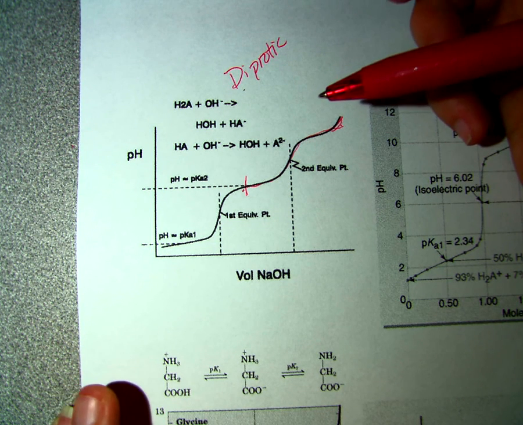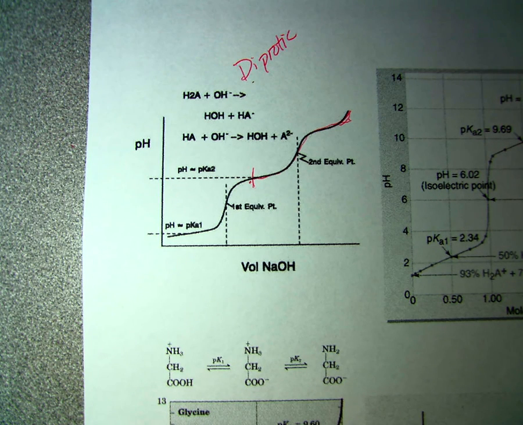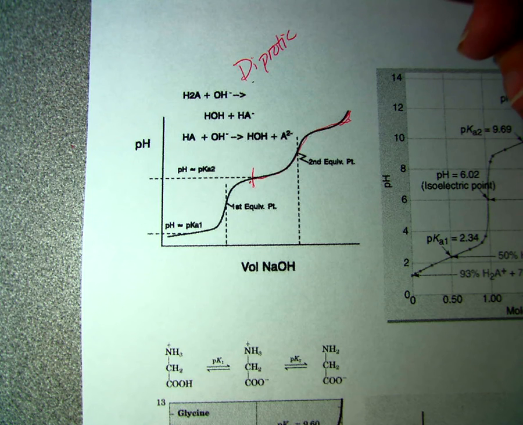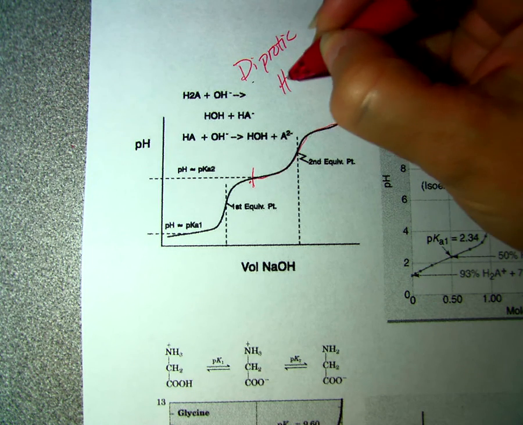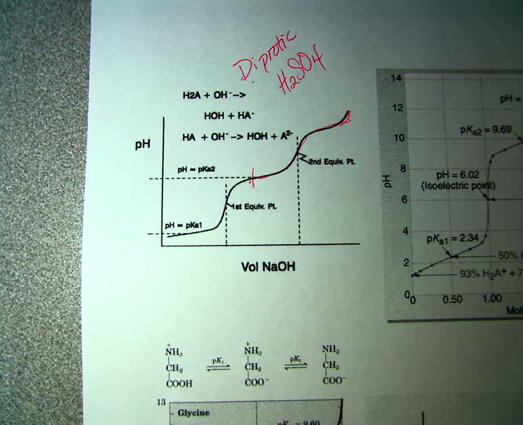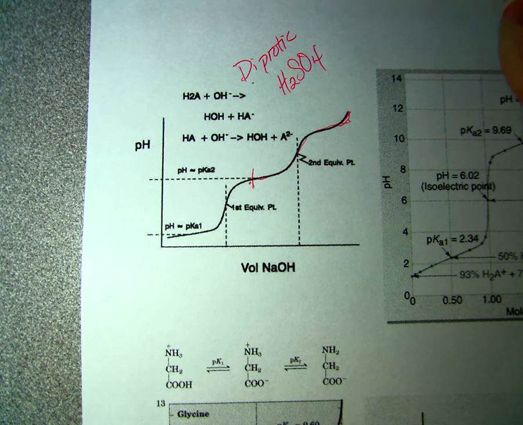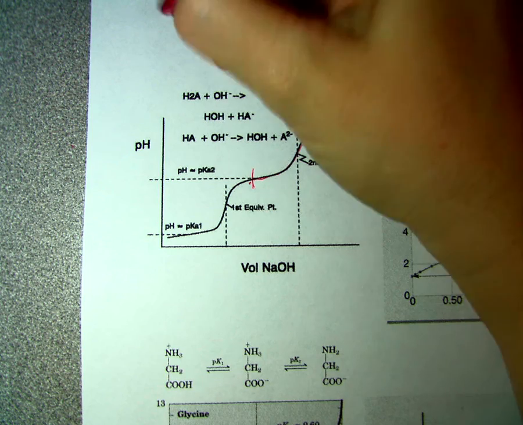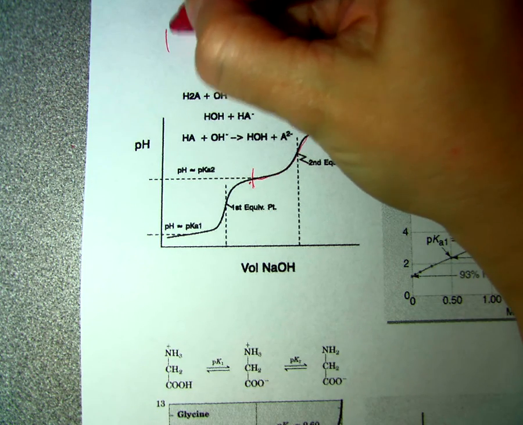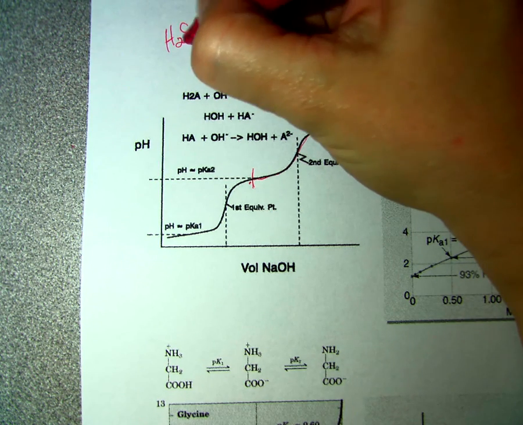So it has two protons that it can donate, which means it would have to have two hydrogens. Can you think of a strong acid that has two hydrogens? H2SO4 is a good example of a diprotic acid. So that means that it dissociates twice. Remember us talking about it, you had the first dissociation. So you would have the acid like H2SO4.